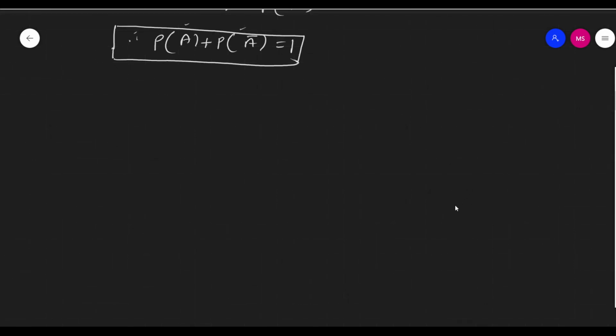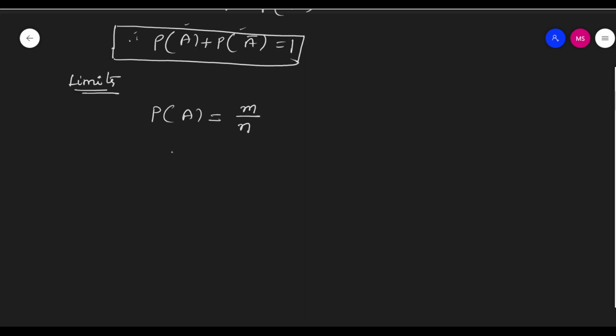And now the limits of probability. To explain that concept: what are the limits of a priori probability? By the definition of probability, P of A is equal to m by n, where m means favorable cases and n is exhaustive cases.